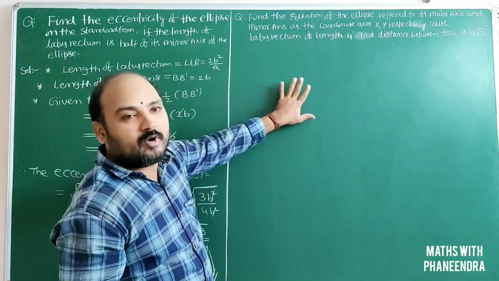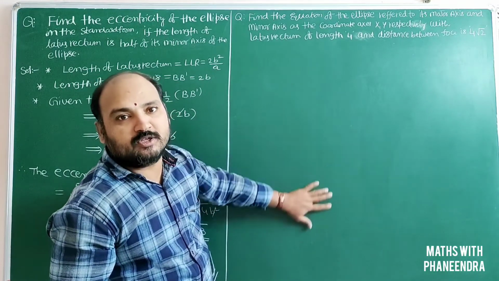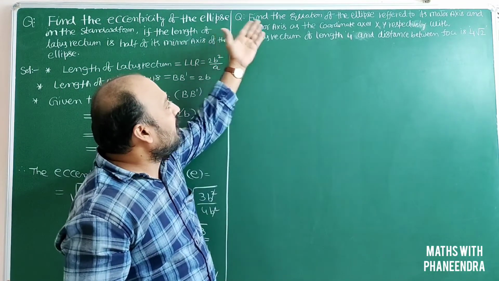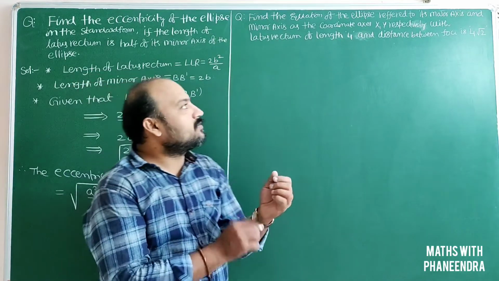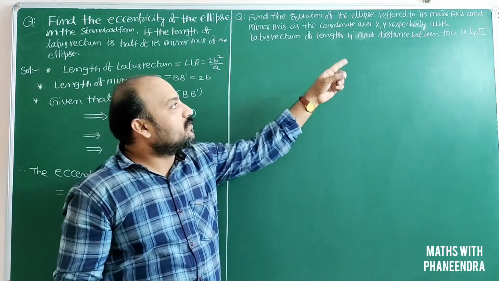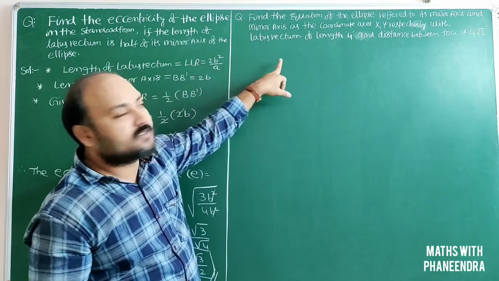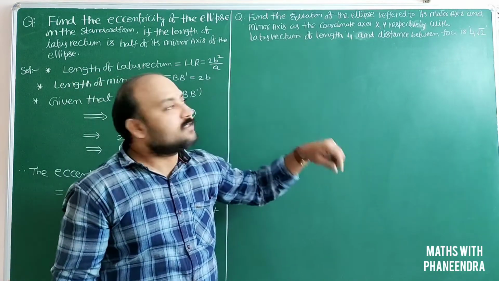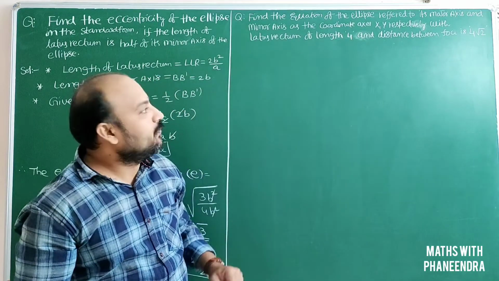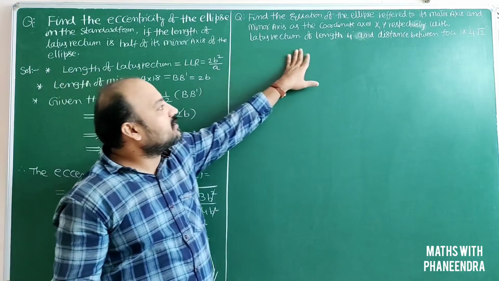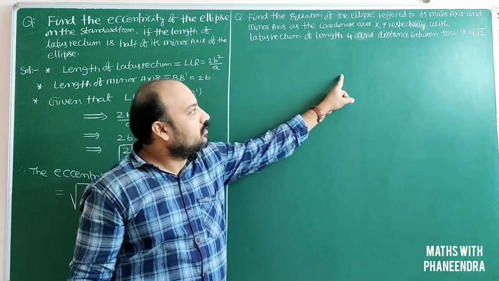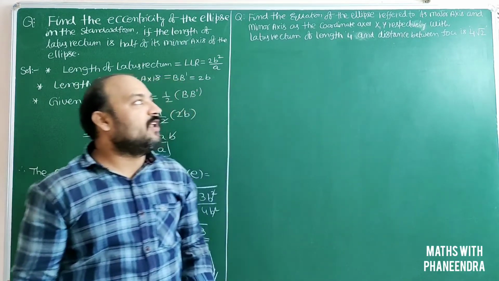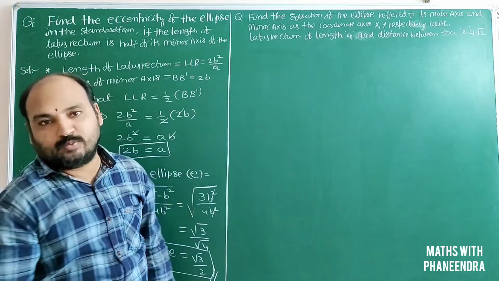This is the example problem, number of times asked in the public examination, dear students. Find the equation of the ellipse referred to its major axis and minor axis as the coordinate axes x, y respectively, with latus rectum of length 4 and distance between foci is 4 root 2.